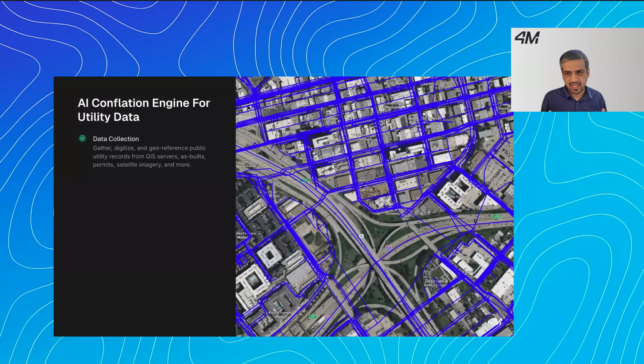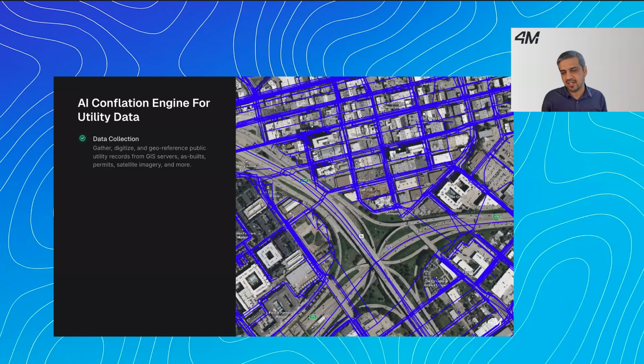What it does is collect millions of data points. Those data points are PDFs, GIS information, permit records. We even look at some social media records, like, let's say from a property management website, is there a sewage tank or septic tank on a house? If there is, then most probably there is no sewage line going there.